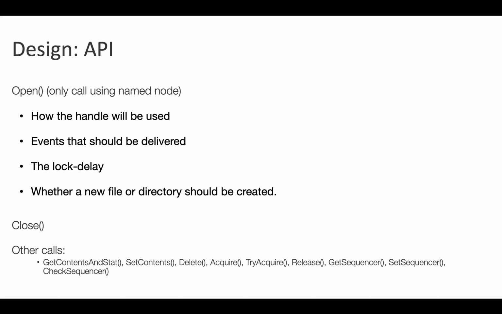Open is a function that can be used to open a named file or directory to produce a handle. This is pretty similar to a Unix file descriptor. When you open, you can specify various options in the parameters, like how the handle will be used, events that will be delivered, the lock delay, or whether a new file or directory should be created.